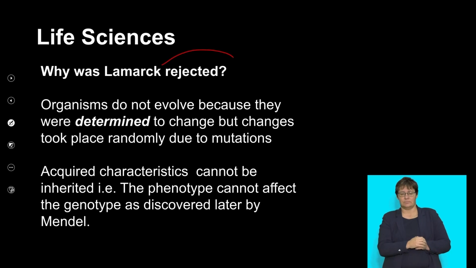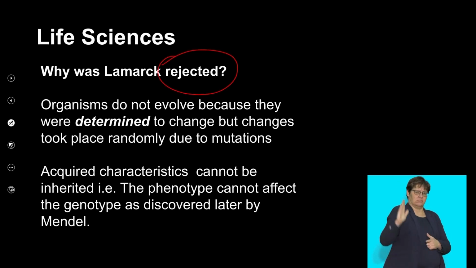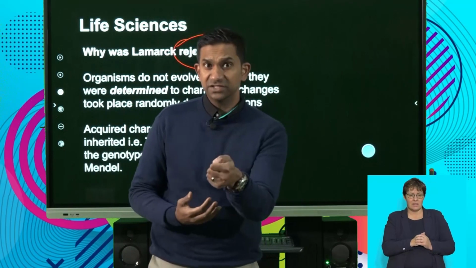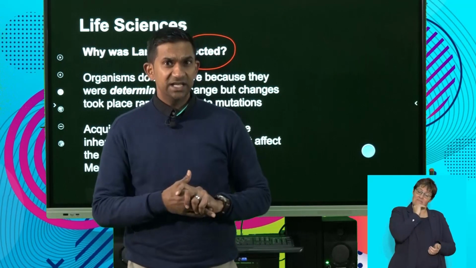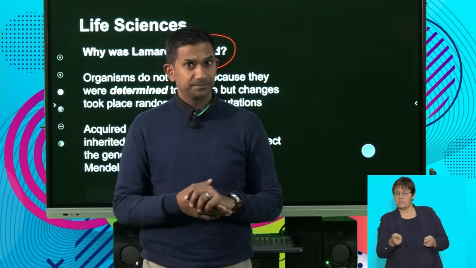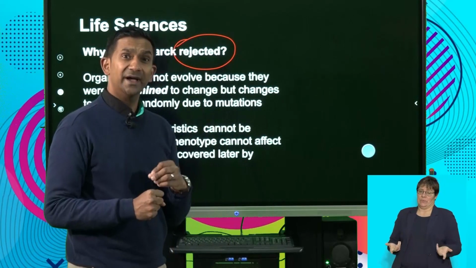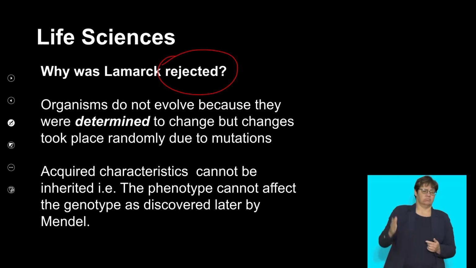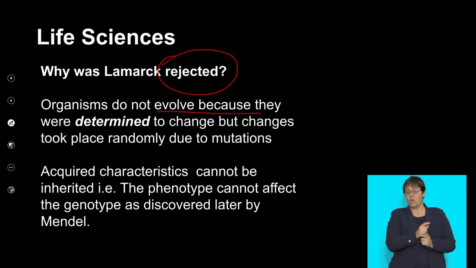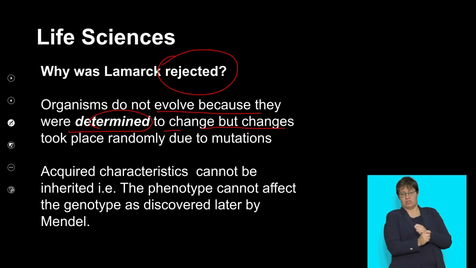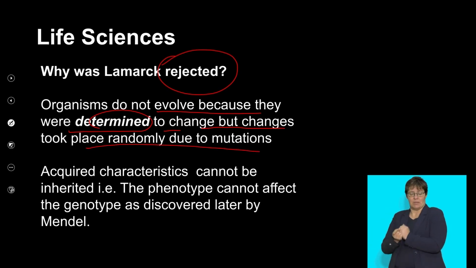So again, why was his theory rejected? And the concept of rejection is based on not enough evidence supporting what he hypothesized. And so we need to unpack why it is rejected. So organisms do not evolve because they were determined to change by changes that take place randomly due to mutations.